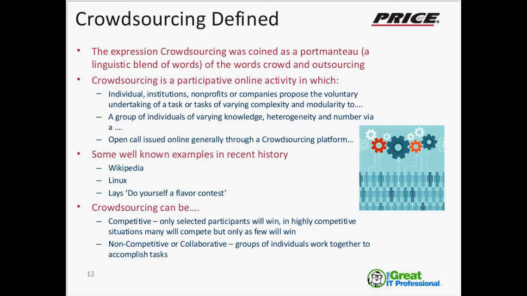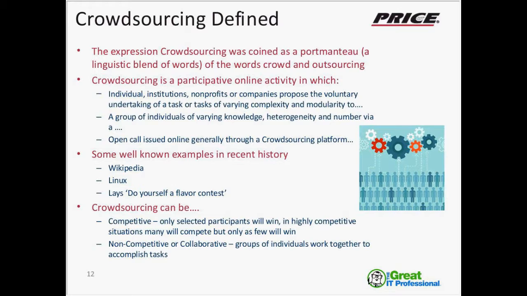So the expression was coined as a portmanteau, which I had to look up. That means a linguistic blend of words, the words being crowd and outsourcing. So it's a participative online activity. Individuals, institutions, nonprofits, companies, they propose the voluntary undertaking of a task or set of tasks of varying complexity and modularity.